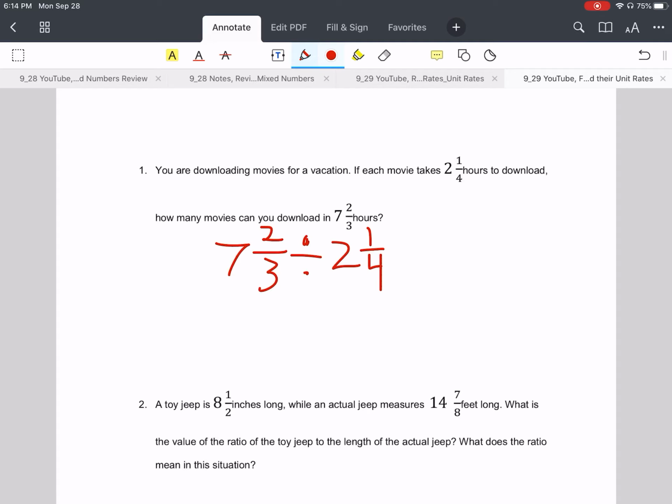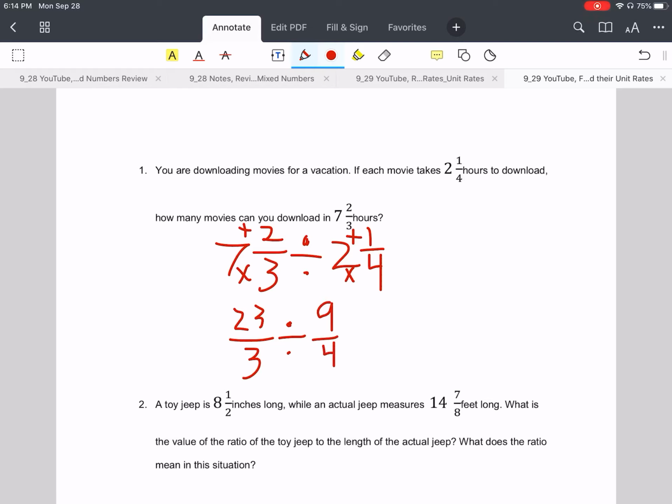So we are going to convert each of these mixed numbers into improper fractions. So we're doing 3 times 7 to get 21 plus 2, which will give us an improper fraction of 23/3. And we are dividing that by 4 times 2 is 8, plus 1 is 9/4.